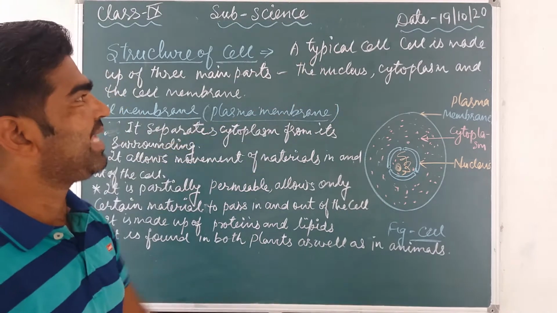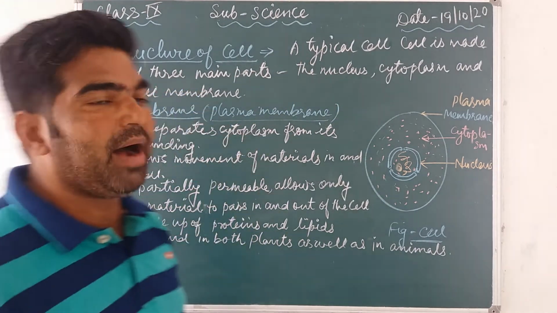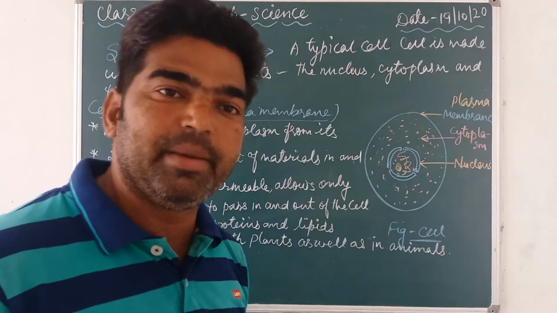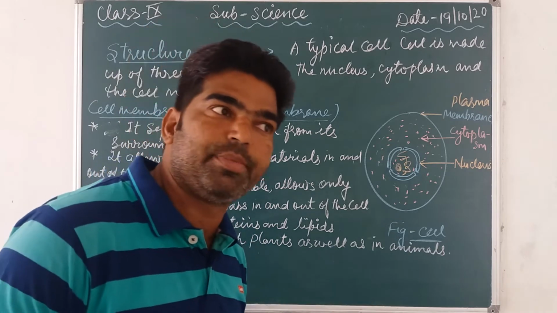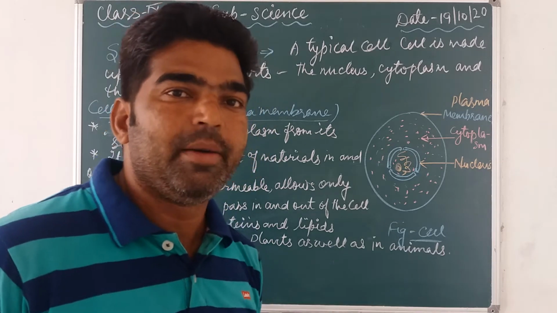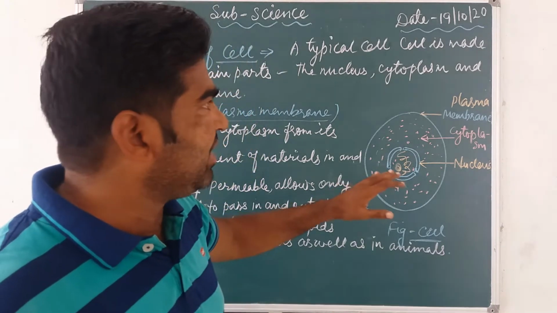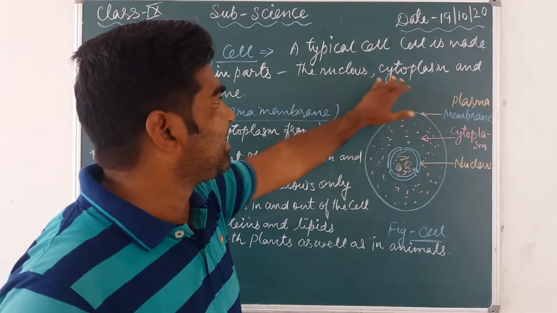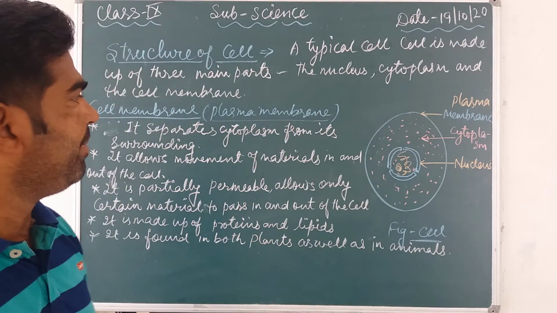So a typical cell is made up of three main parts. What are these? First is the nucleus, then cytoplasm and cell membrane.